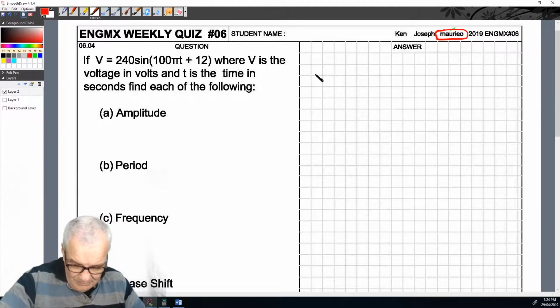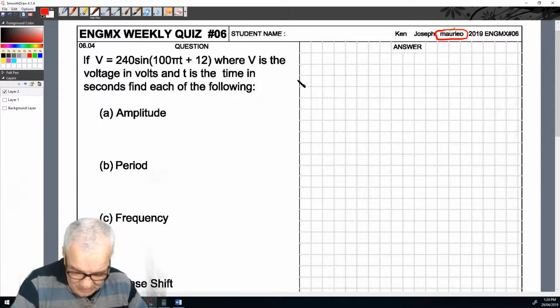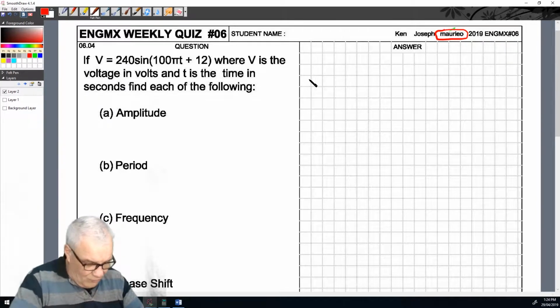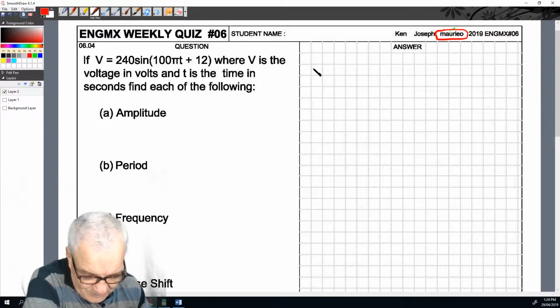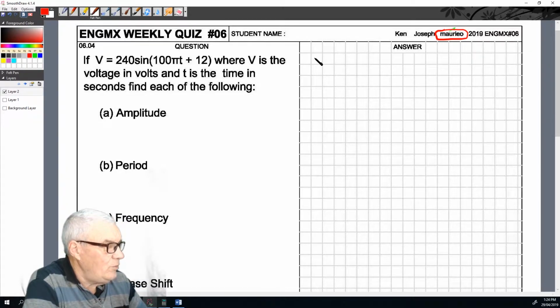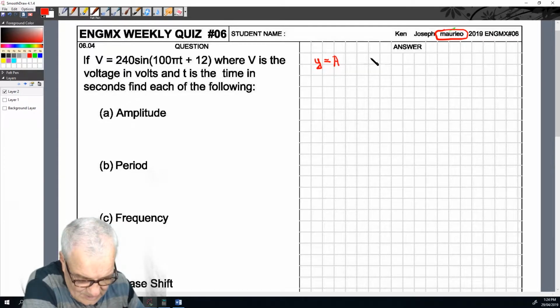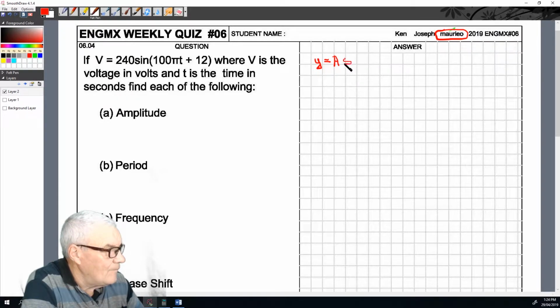Okay, so we've got this all written down on a piece of paper here. Now on your formula sheet, it's got the standard formula for a periodic function, which is y equals a sine bx plus c.